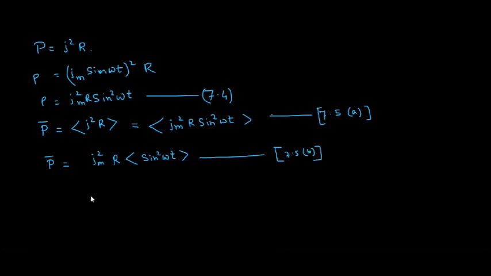Now we can write, we know that by trigonometry sine square omega t is equal to half of 1 minus cos 2 omega t.